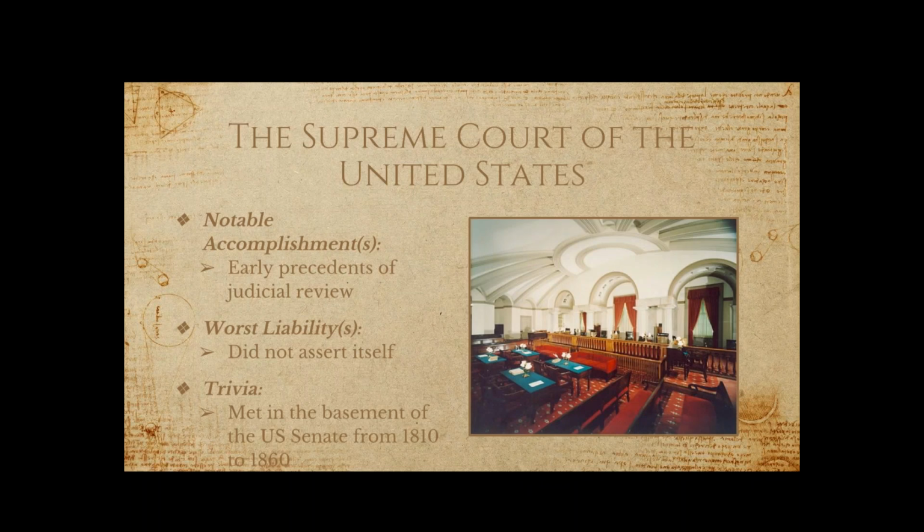Symbolically, the fact that they even met for so many years in the basement of the United States Capitol tells you what people thought of it, that they were subservient to the other branches of government. While there were early precedents of judicial review, the concept did not become as significant the way we know it today until the rule of the fourth Chief Justice, the famous John Marshall.